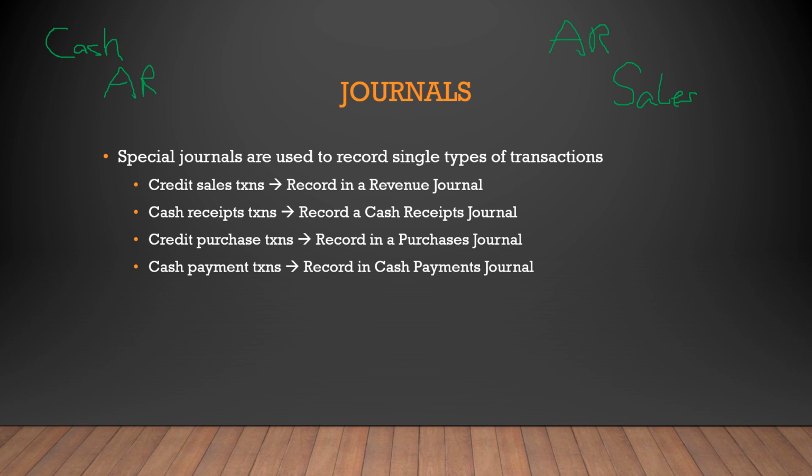Every time we need to debit an inventory account, be it merchandise inventory or supplies, and credit accounts payable, we'll put it in the purchases journal. Whenever we debit accounts payable and credit cash to pay off that liability, we'll record that transaction in the cash payment journal.